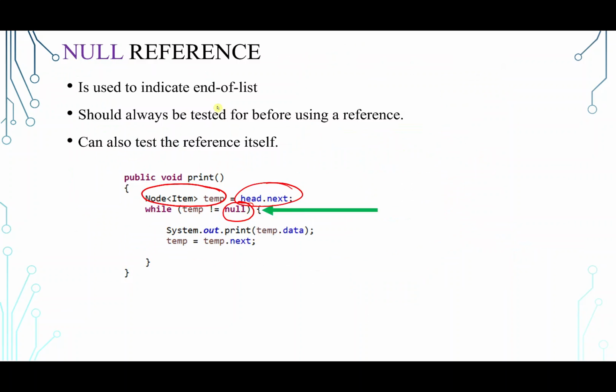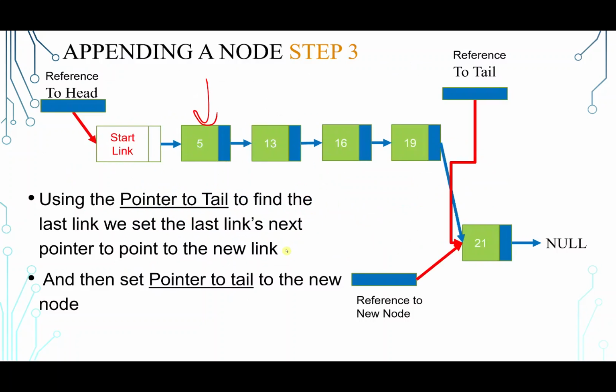I'm saying temp equals head.next, while temp is not equal to null, print the data inside, then put temp equal to temp.next. So basically that does this. This is my temp. Then I say, okay, print this. Is temp equal to null? No, print 5. Then move temp.